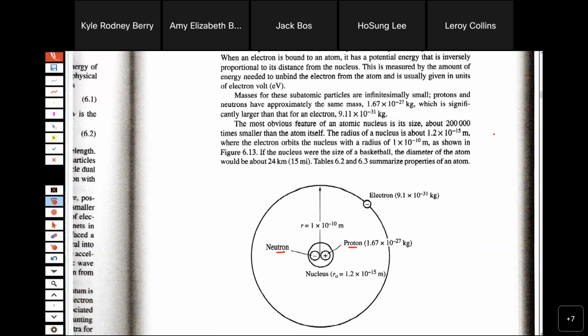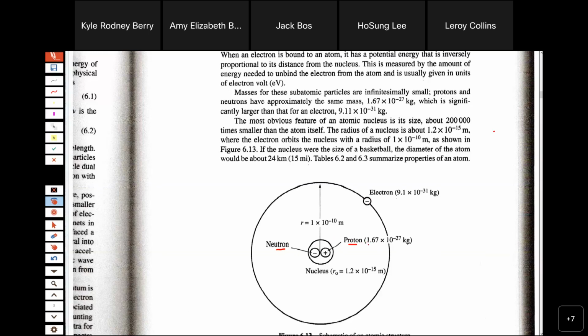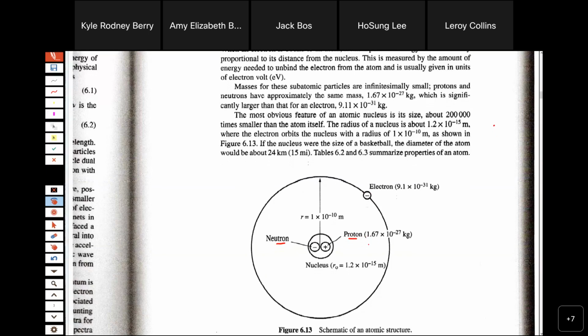First we look at just one proton, typically with the same number of neutrons, but not necessary.